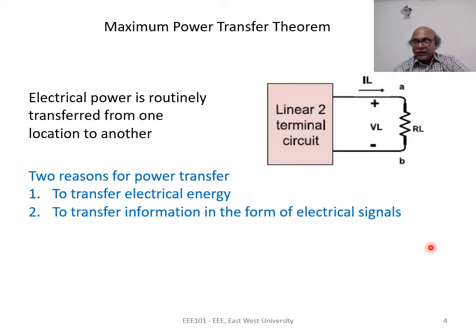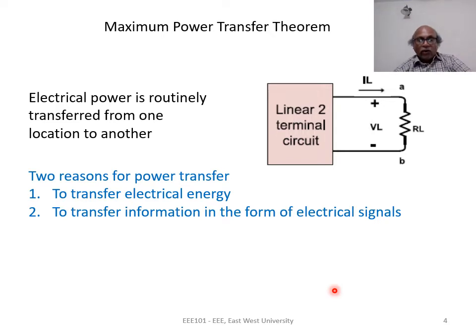So the electrical power produced in the power plant has to be transferred to the city where all the loads are located. The second reason is that we transfer information in the form of electrical signals. Electrical signals are represented as voltages and currents. So when we want to transfer information, we transfer electric voltages and currents. A common example may be our landline telephones.